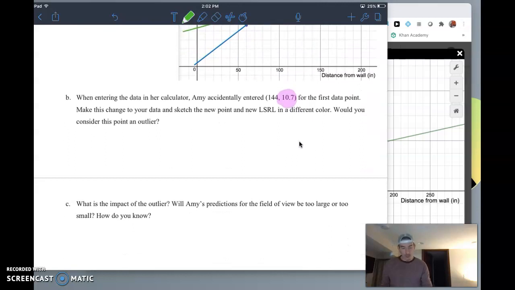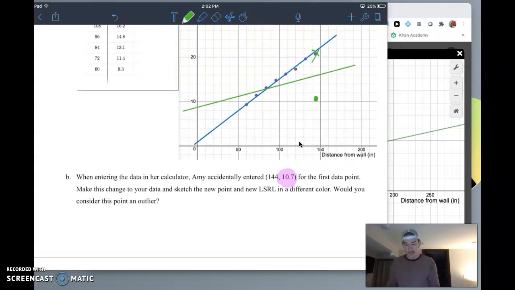So the impact of the outlier is that the outlier is an attracting point. It draws that LSRL to it. So you can kind of think of it that way, and I'm going to try to draw this for you guys.